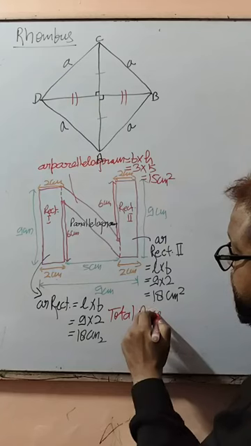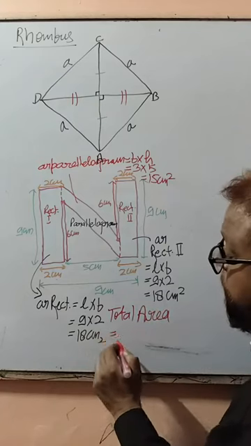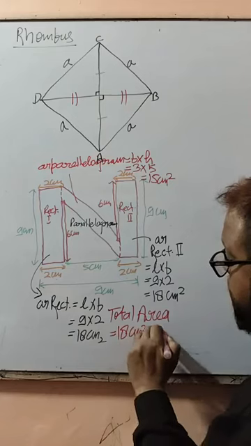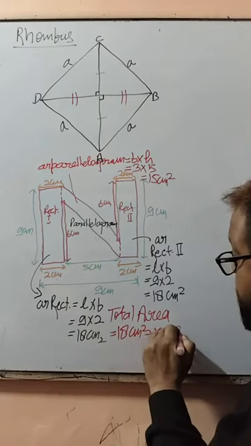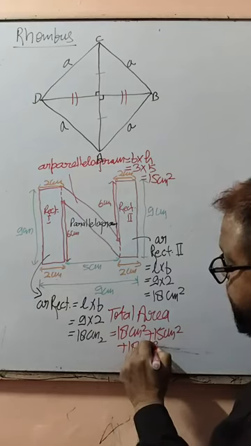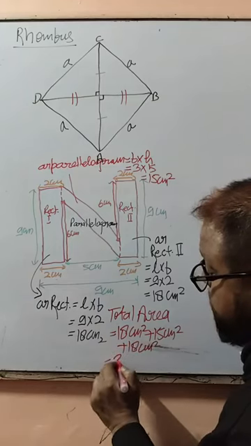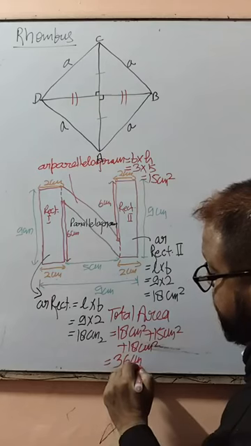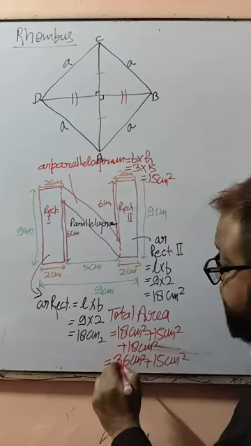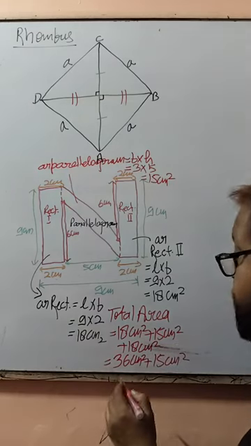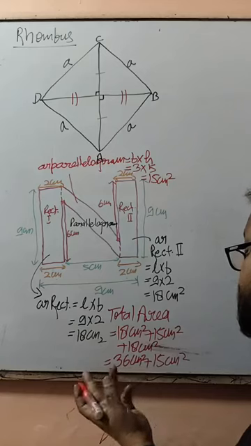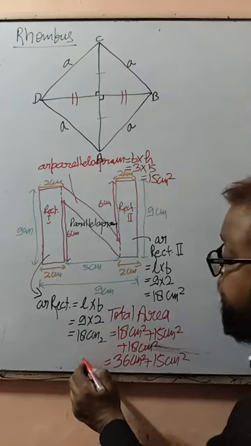So total area is equal to 18 centimeter square plus 15 centimeter square plus 18 centimeter square. So 18 and 18, 36 centimeter square plus 15 centimeter square, and you get how much? 51. 5 plus 6 becomes 11, 1 carry, yes, 51.